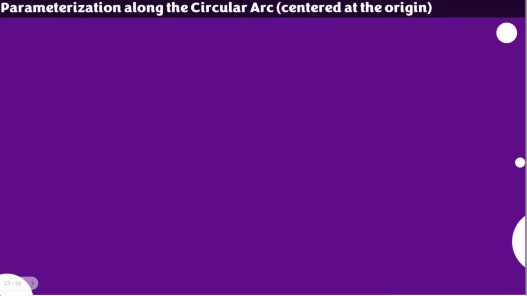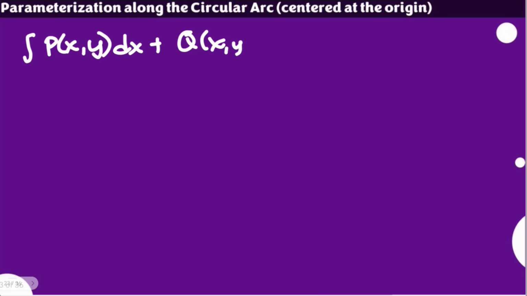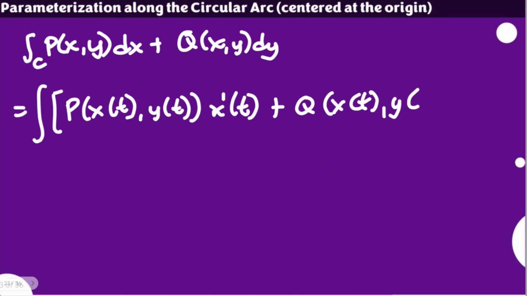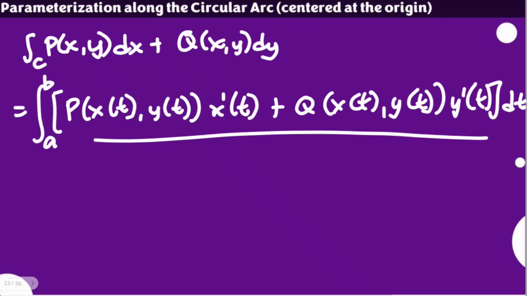Of course, this is in connection to the real line integral of p of x,y dx plus q of x,y dy along your path C. Regardless of what that path is, this is your real line integral: p of x of t, y of t times the derivative of your x of t, plus q of x of t and y of t times y prime of t, dt from A to B. This is true for all real line integrals.